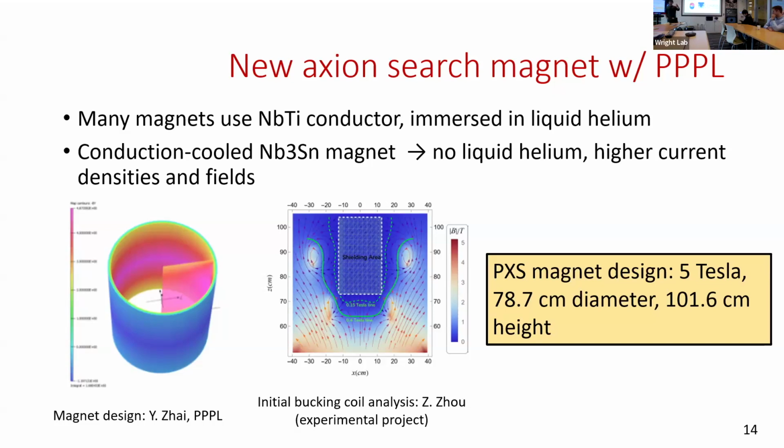And this niobium-3-tin conductor can operate at higher current densities for a given field than niobium titanium. So this confers mass advantages on the magnet. You can make a lighter magnet, as well as in the future, you can actually go to higher fields.